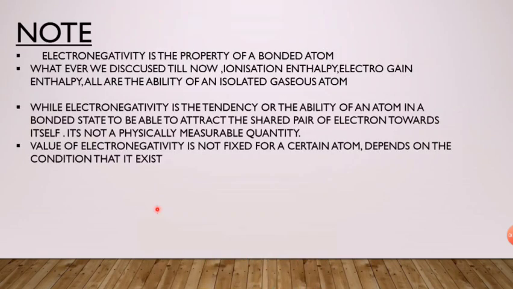Okay, and we should note that electronegativity is a property of a bonded atom, and whatever we discussed till now, that is ionization enthalpy or electron gain enthalpy, are properties of an isolated gaseous atom.